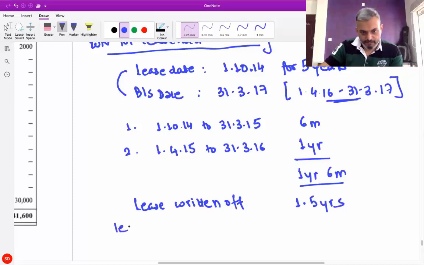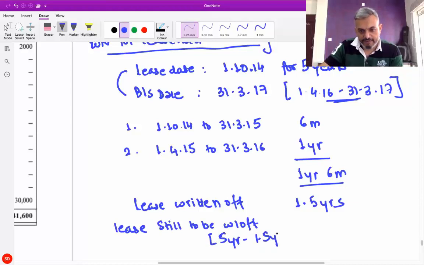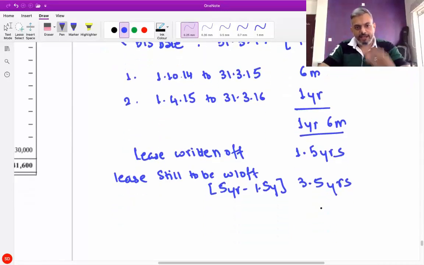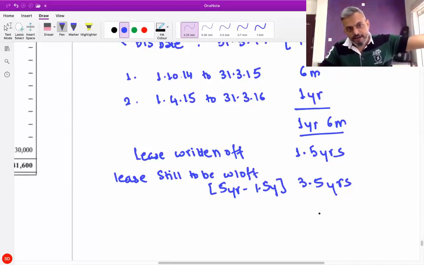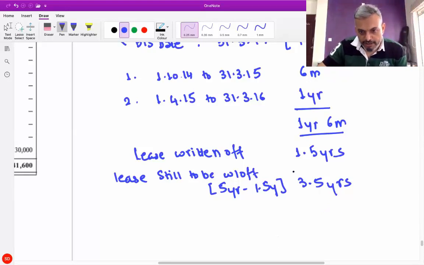So lease still to be written off. और कितना राइट ऑफ करना है, तो लीज इज ऑफ 5 years. 5 साल में से 1.5 साल का लीज हमने राइट ऑफ कर दिया, तो रह गया 3.5 years. तो अभी 3.5 साल का लीज we have not yet written off. राइट ऑफ करना यानी डिक्रीज करना वैल्यू असेट से और ट्रांसफर करना उसको प्रॉफिट एंड लॉस में. So we have not yet written off the lease for 3.5 years.